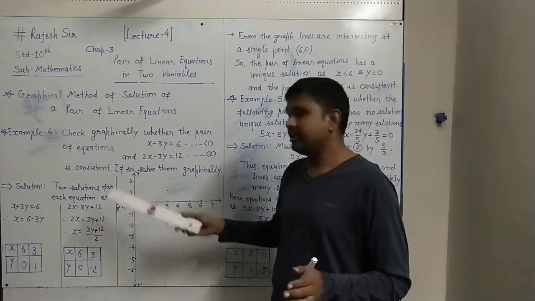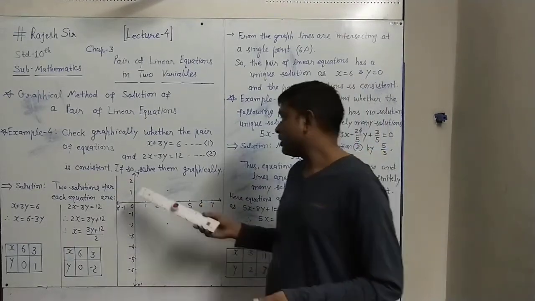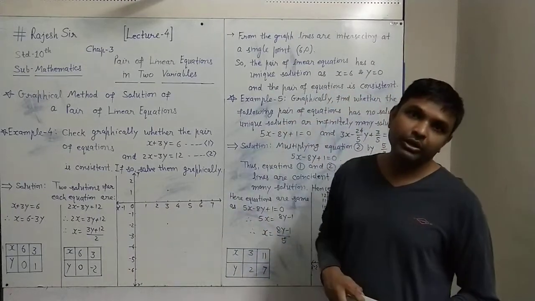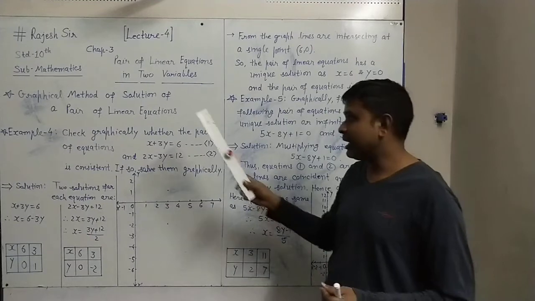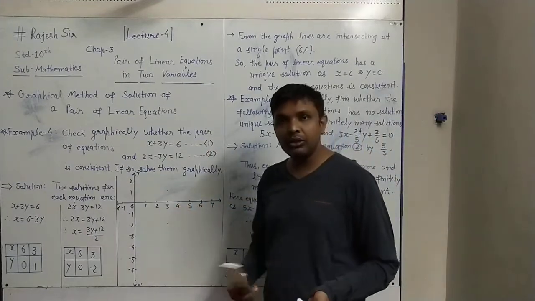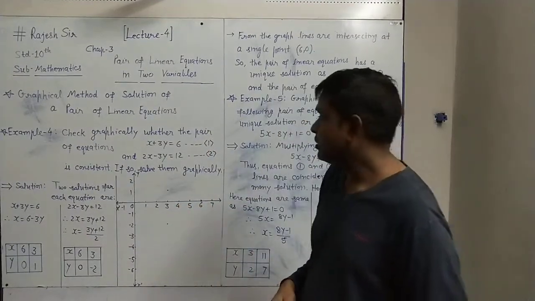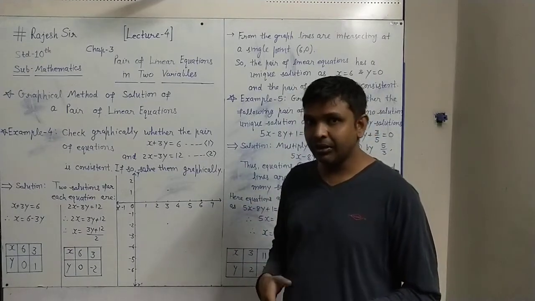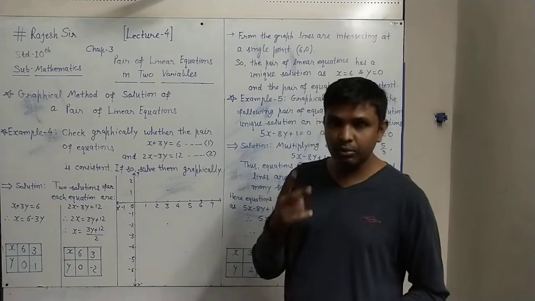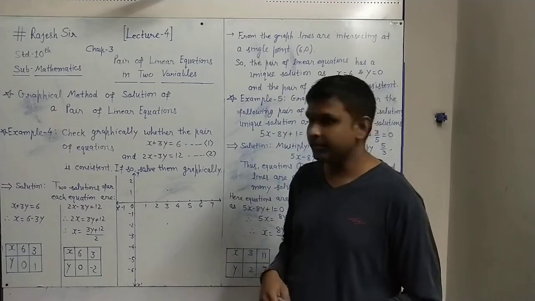If it is consistent, solve them graphically. Anyway, we have to draw the graph, because only by the graph can we say whether it is consistent or has a solution. To get the graph, we need at least two solutions of each given equation.